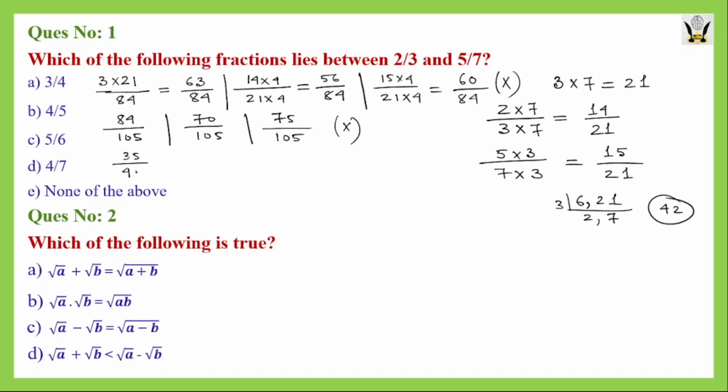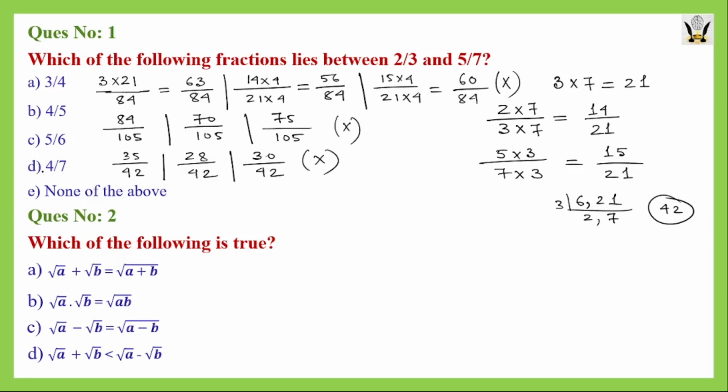So 35 divided by 42. And for the other numbers, 42 divided by 21 is 2. 14 twos are 28, so 28 divided by 42, and the second number, 15 multiplied by 2, is 30 divided by 42. Again 35 is more than 30, so this option is also not true.